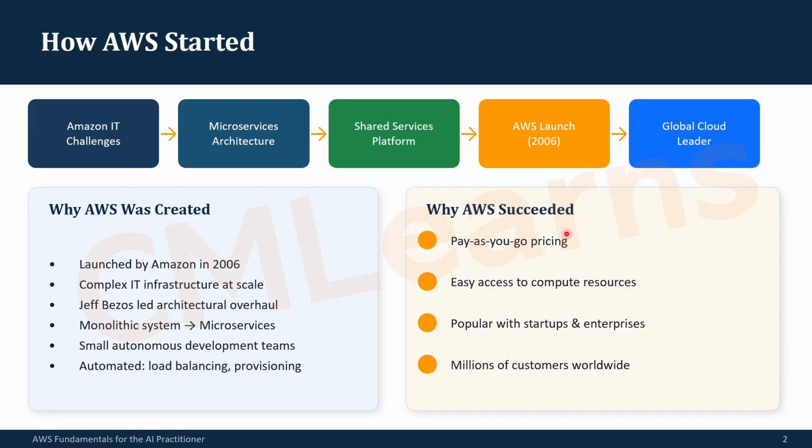It became the global cloud leader very fast. Why did it succeed that fast? Because of pay-as-you-go pricing and easy access to compute resources, like EC2 instances and everything. It was extremely popular with startups and enterprises, because we all know it is much cheaper to rent resources and use cloud technologies than to build an IT infrastructure from scratch.